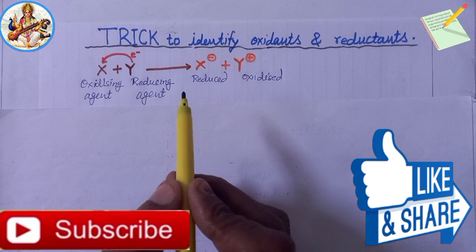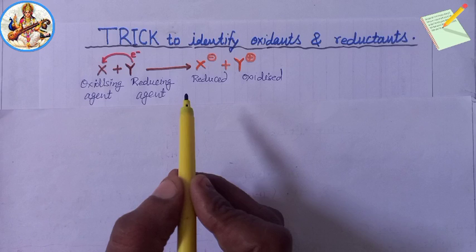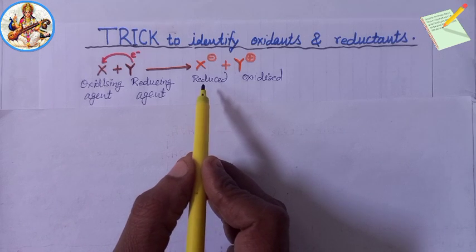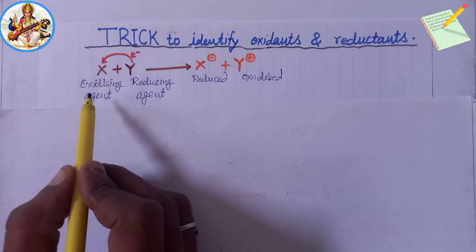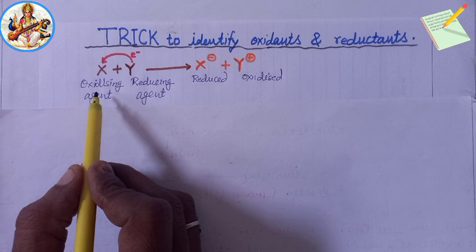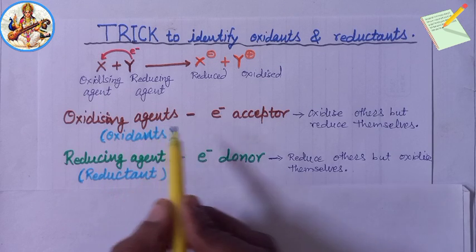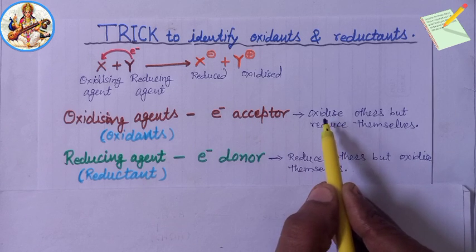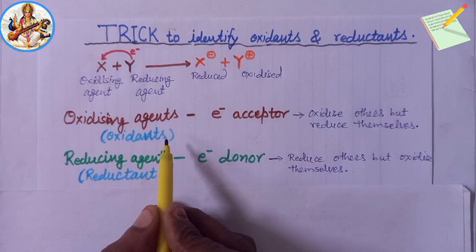So simply we can say that the substance which is reduced in a chemical reaction is known as an oxidizing agent. Oxidizing agents are electron acceptors.